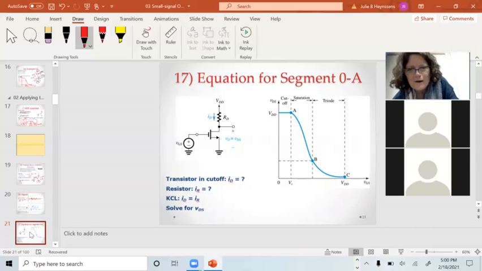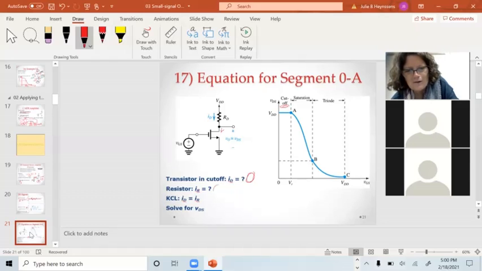Okay, we're thinking about right here where the transistor's in cutoff. If the transistor's cut off, ID is pretty much 0, maybe some leakage current. And if ID is 0, IR, they're in series. The resistor has the same current as the transistor.